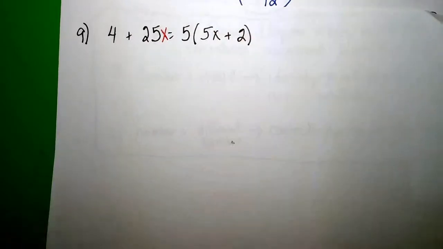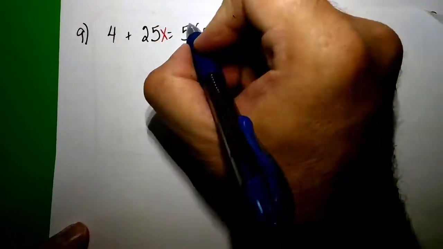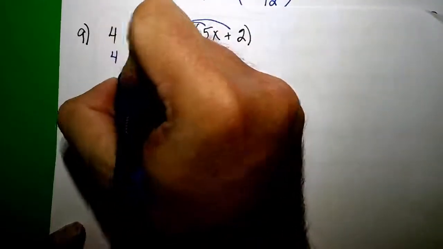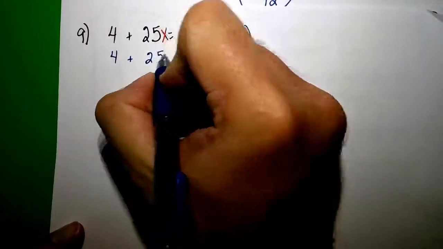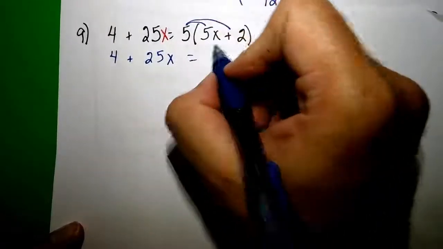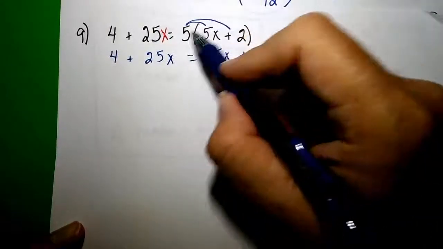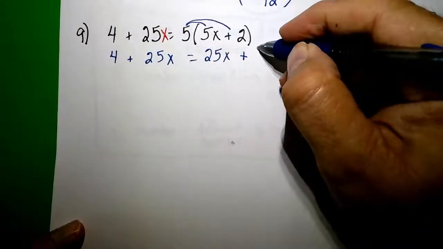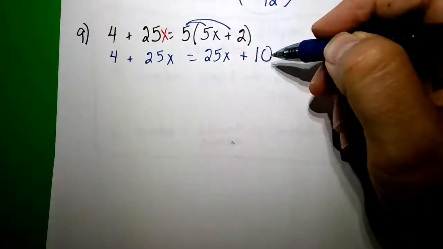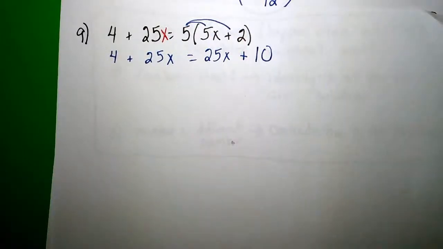So we'll distribute the 5 here. So we have 4 plus 25x equals 25x plus, what are we about to get here? Is that a 10? Now notice how there's an x on each side.